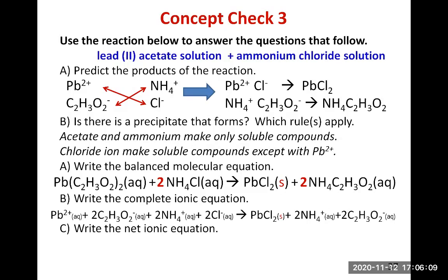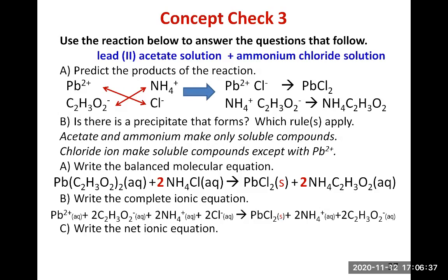That's aqueous. Then PbCl2 is a solid, so it stays as PbCl2. It's not dissociated, it's actually bonded into a solid. And then we have the ammonium acetate giving 2 ammonium ions and 2 acetate ions. Both of them are aqueous because they are ions. So that's the complete ionic equation.